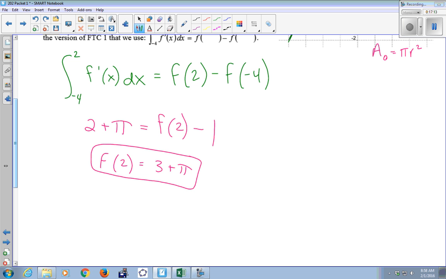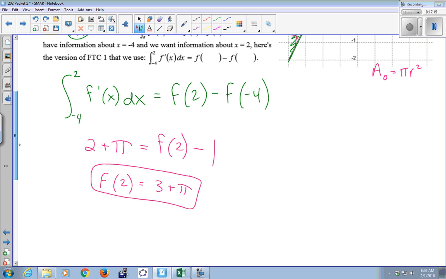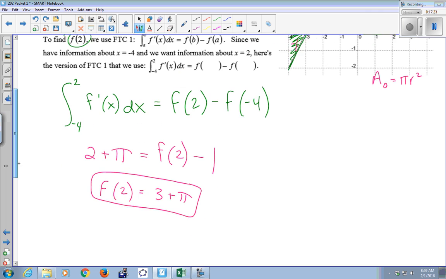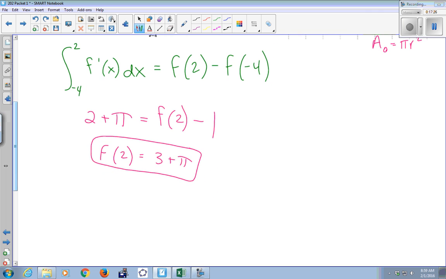It's 1. Yeah, I just replaced f of -4 with its given value. Questions?